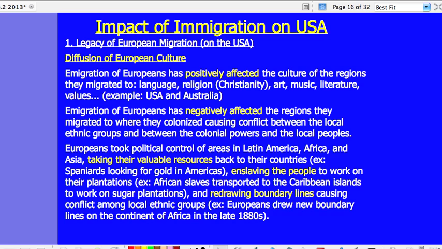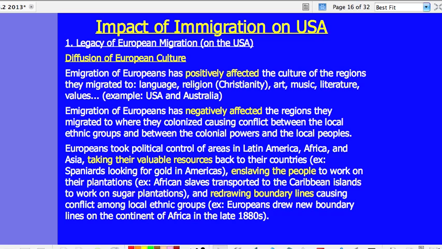Also, Europeans redrew boundary lines, causing a lot of conflict among the local people in those areas. Europeans drew new boundary lines on the continent of Africa in the late 1880s, having many different ethnic groups be within one boundary line.